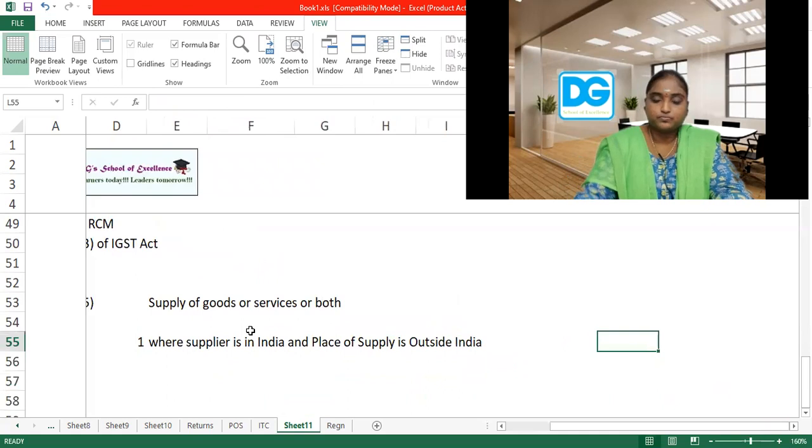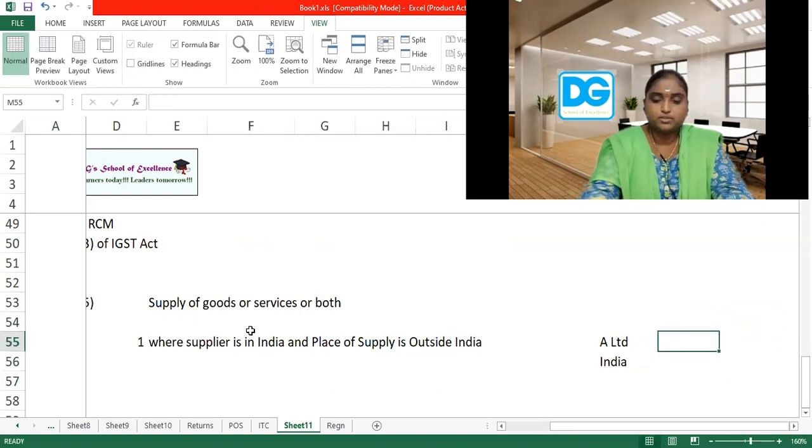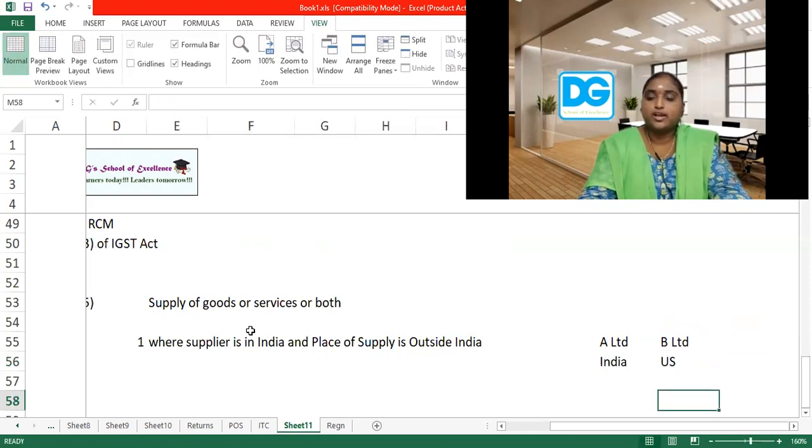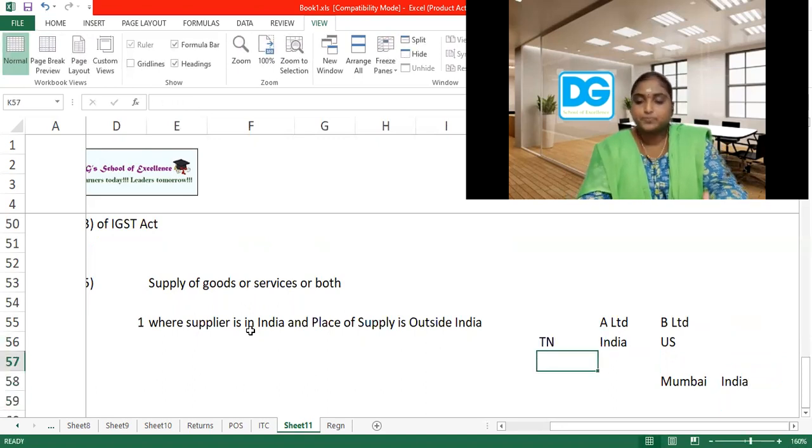Say for example, A Limited is in India, say in Tamil Nadu, Chennai, and B Limited is in the US, and they also have a branch in Mumbai, India.